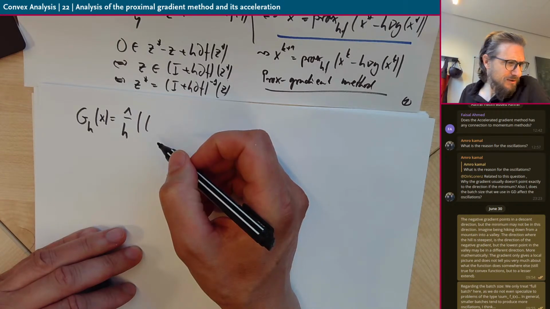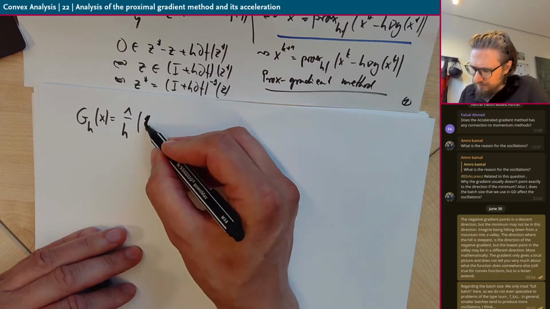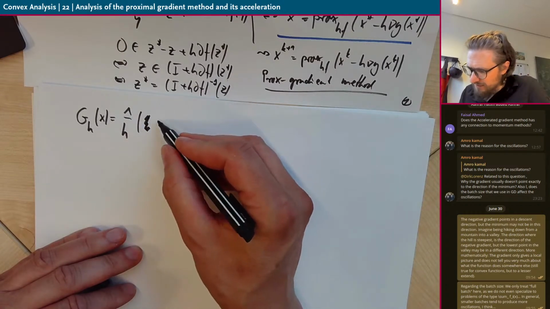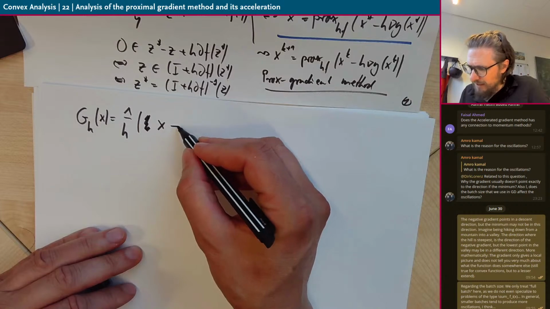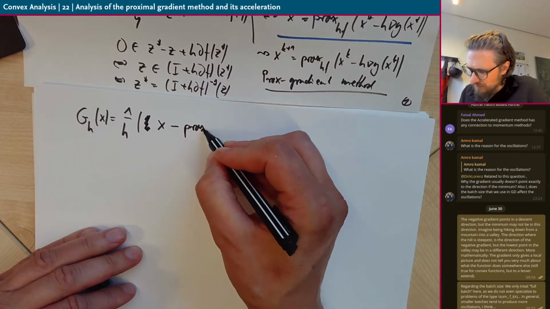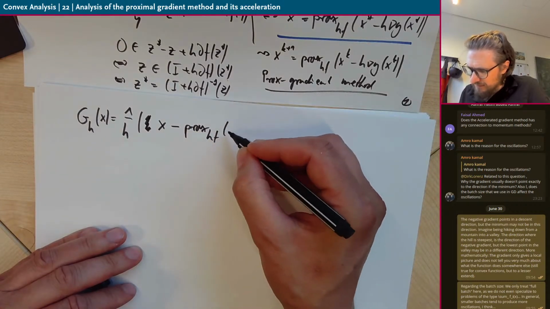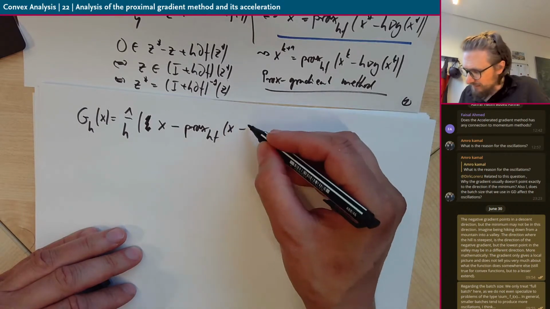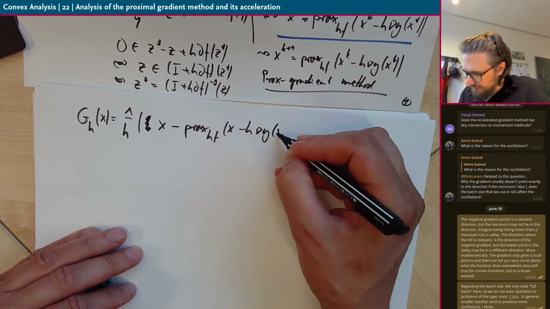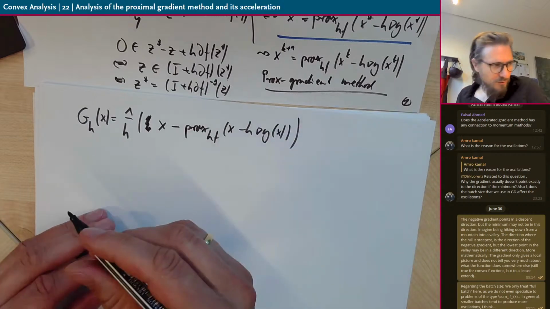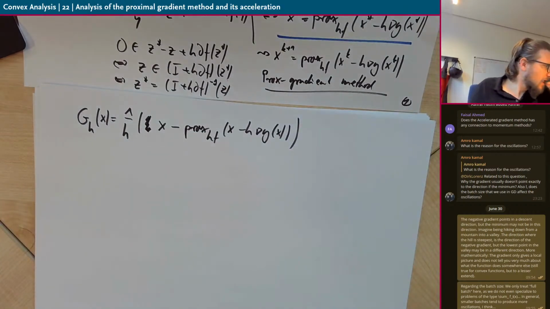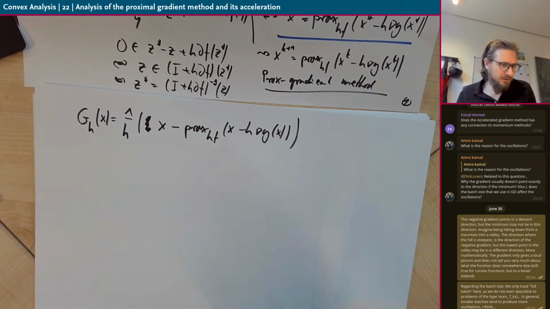So it should be 1 over h times x minus the prox of hf of x minus h times gradient of g of x. So let's do this count right, there's a parenthesis too much.